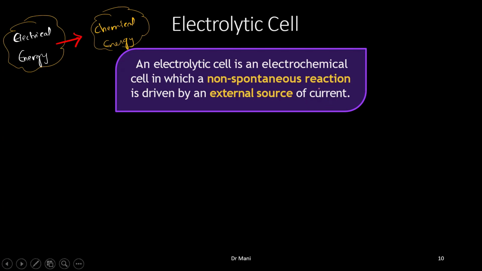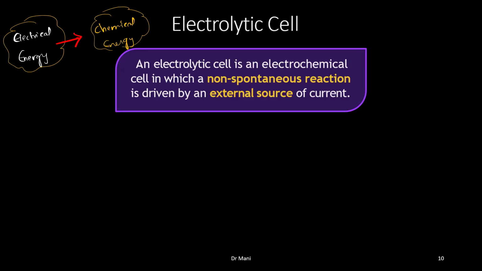Sharon, you tell me. In this case, the Gibbs energy will be negative or positive? Positive, sir. Why? Because the external source will be supplied. Whereas in the galvanic cell, is it negative or positive?